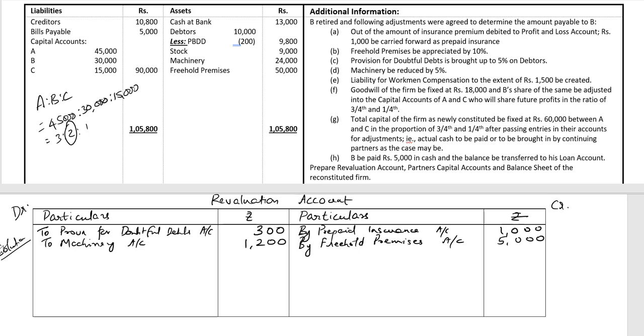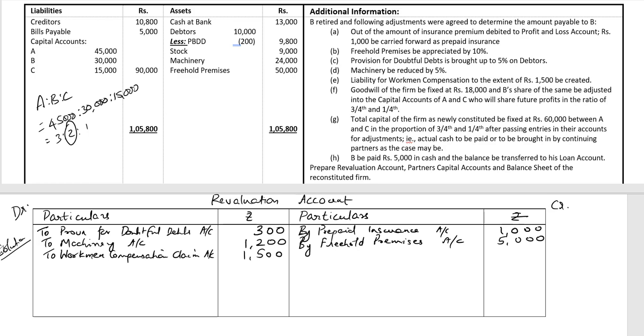Point E, the liability for workmen compensation to the extent of 1,500 be created. There is no workmen compensation reserve. So for the entire amount of 1,500, we need to create an unrecorded liability. To workmen compensation claim account, amount 1,500.